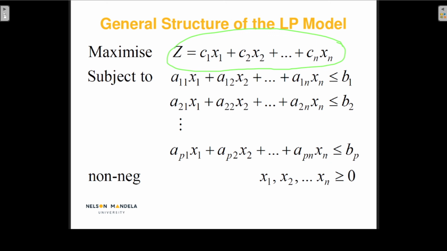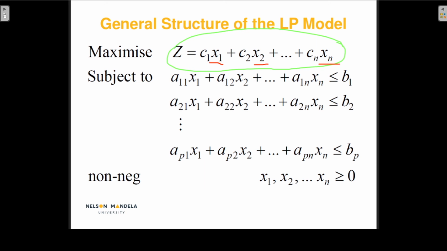This objective function is expressed in terms of your decision variables, x1, x2 up to xn. And the coefficients in your objective function, c1 up until cn, are known from the problem statement.